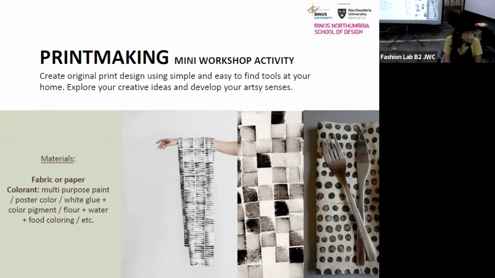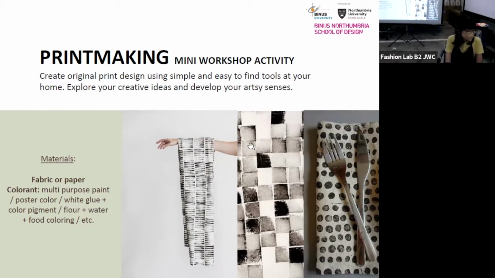Okay. And the materials that we need are the fabric or paper. Students on site, they already have the huge paper. They will create patterns on those paper. If you need more paper, you can ask Miss Okta. And then for the coloring, you can use multi-purpose paint or poster paint.